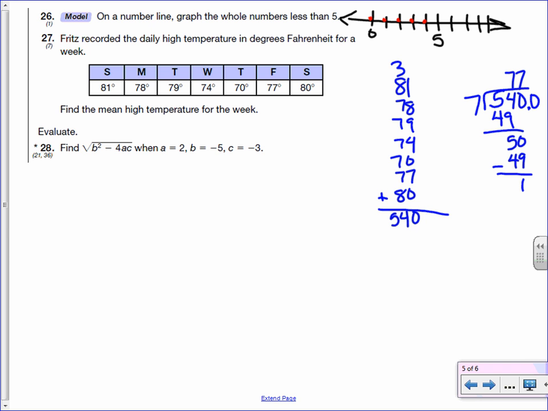Put in a decimal. 10. 7 goes into 10 once. 1 times 7 is 7.